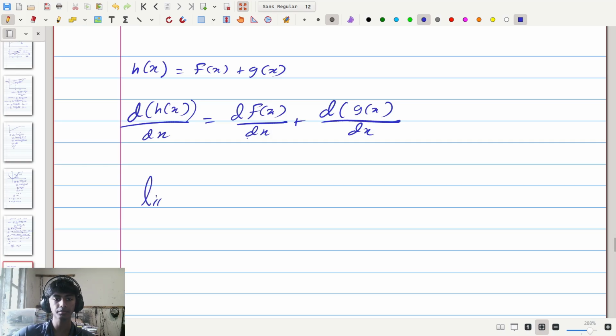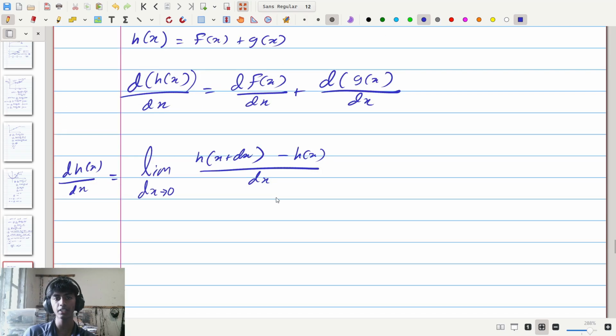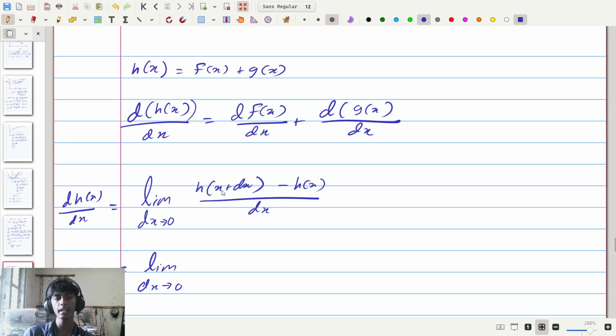The limit as dx approaches 0 of h of x plus dx minus h of x, divided by dx, is the derivative of h of x. So on the left side what we have is dh by dx is equal to this. Substituting what h of x is in terms of f of x and g of x, since h of x is f of x plus g of x, then h of x plus dx is going to be f of x plus dx plus g of x plus dx.